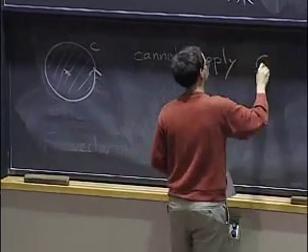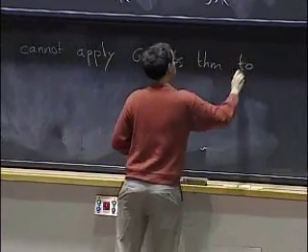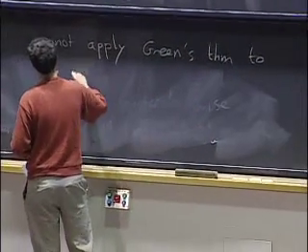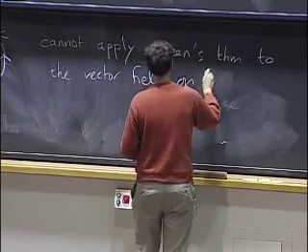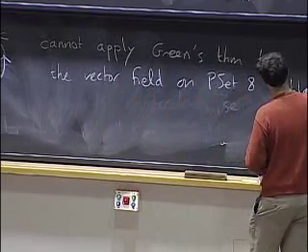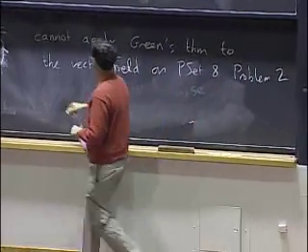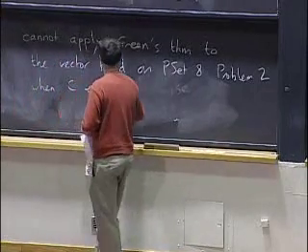So we cannot apply Green's theorem to the vector field on problem set 8, problem 2, when C encloses the origin.